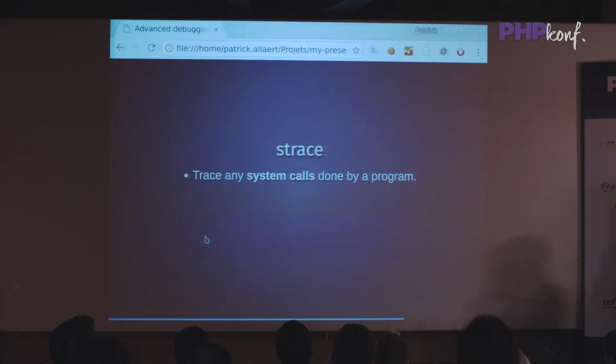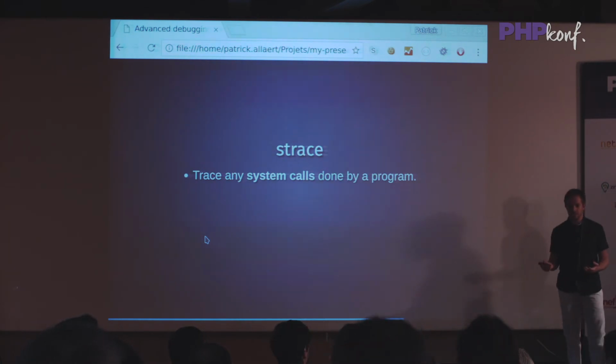System debugging. Now I've finished the PHP part. STrace is probably the most common tracing tool in Linux when you want to trace what happens between an application and the operating system.